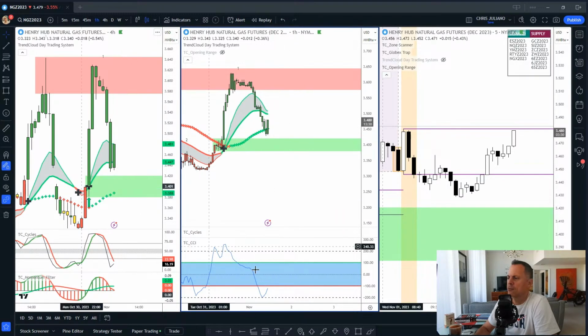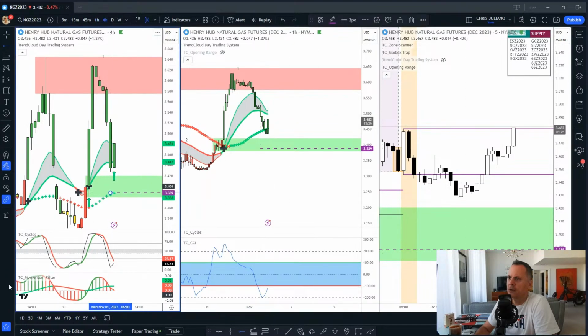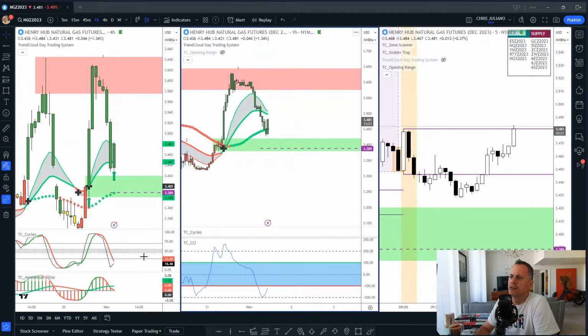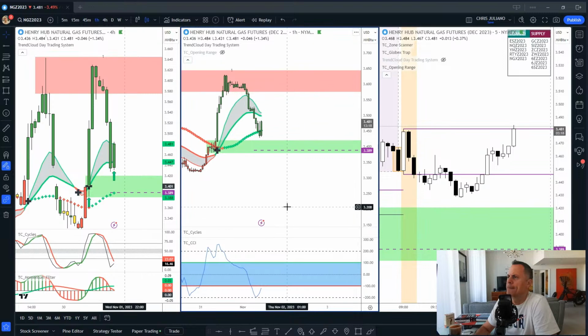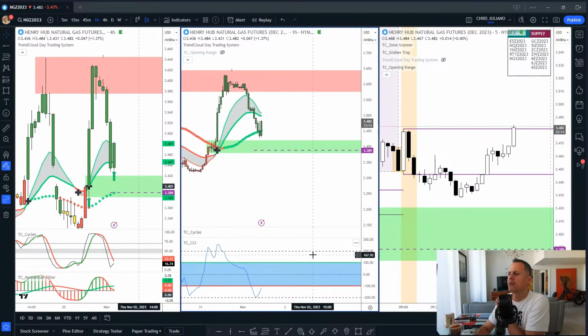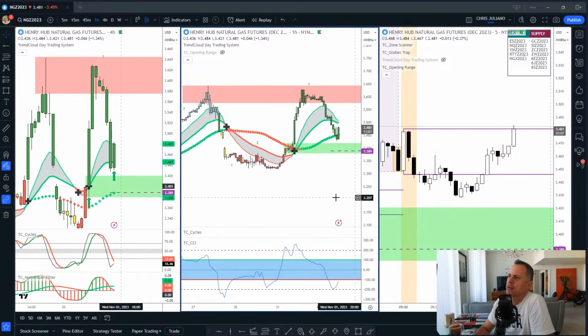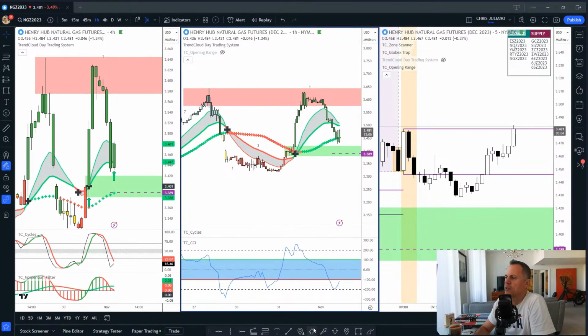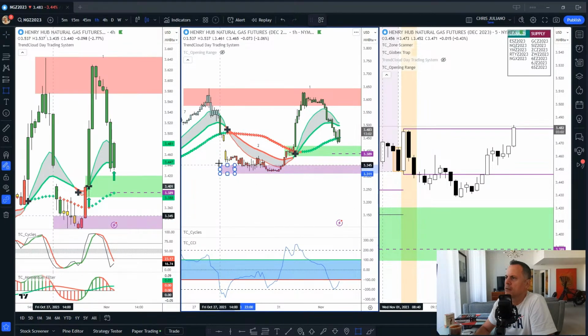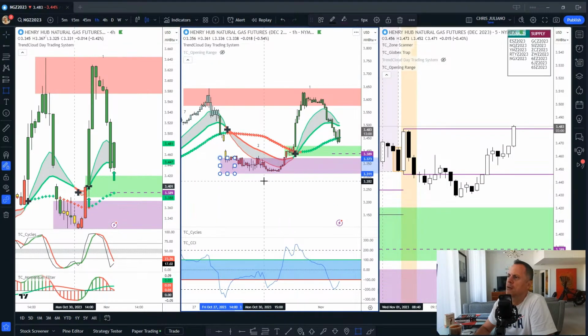We've got that trend cloud component right here. Starting to get a signal there, starting to hook up. Deep pullback below that negative 100. And this is representing a nice little sideways movement here. There's your consolidation. It broke out, formed a zone, and broke to the upside.